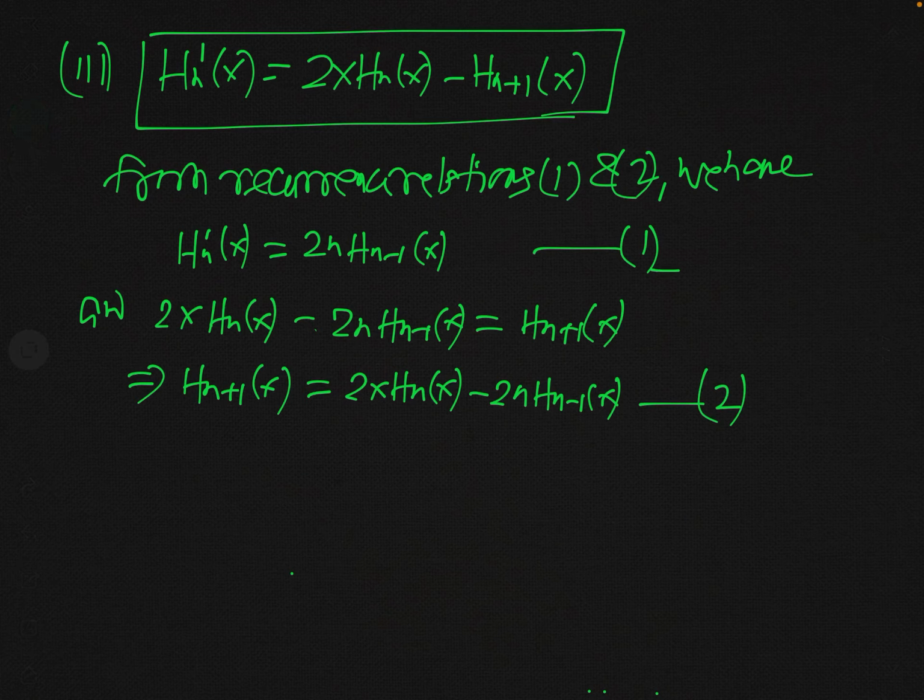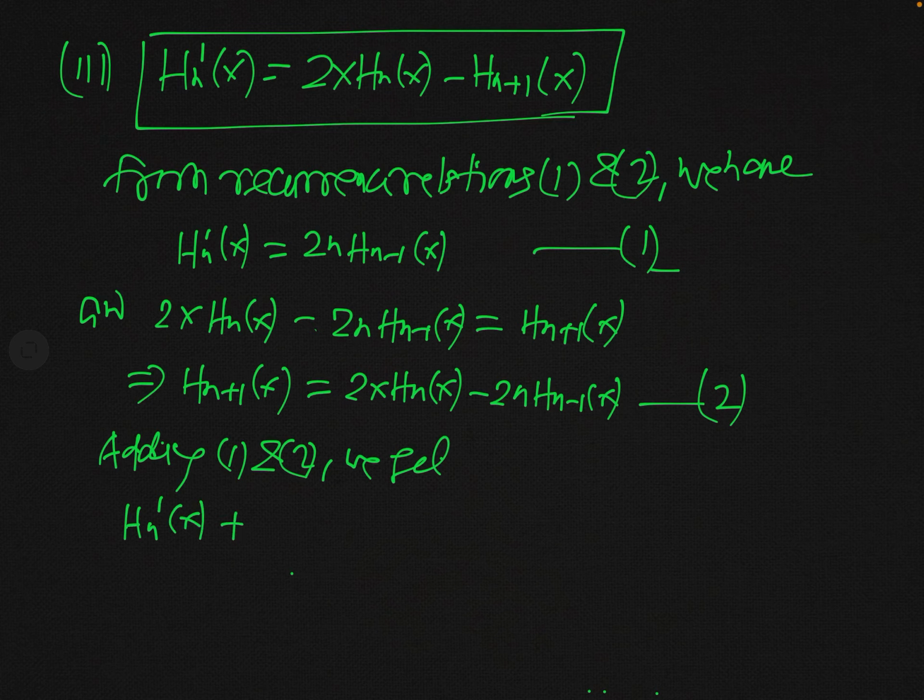You can see, simply we add these two. Adding 1 and 2, we get Hn prime of x plus Hn plus 1 of x, and this will be equal to, when we add the RHS, you can see that this 2n Hn minus 1 of x and this minus 2n Hn minus 1 of x will cancel out, and so in the RHS there will be simply 2x times Hn of x.